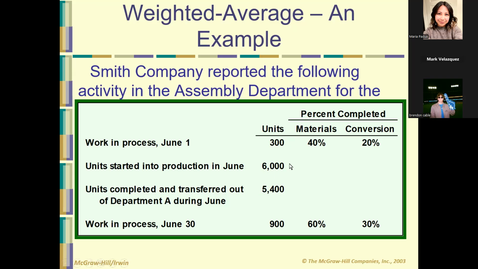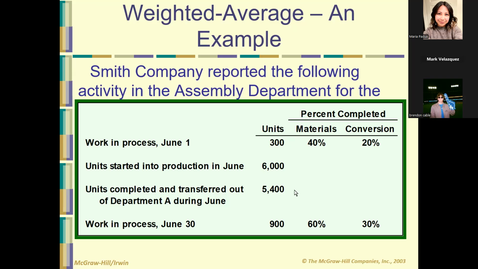The percentage of completion on the transfers in is 0. 0, and we need to know that extremely well. We're going to come up with the transfers out, meaning the items that we finished and moved to the next department. That unit of measure is 100%.